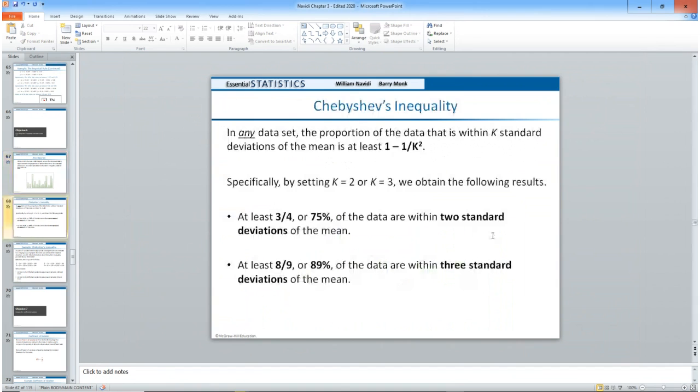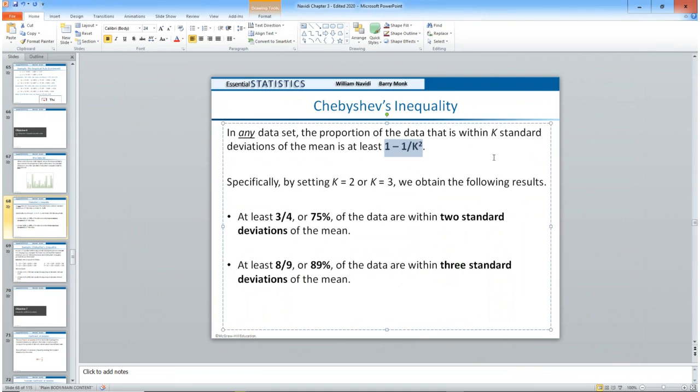Now, this is the formula you use for any number of standard deviations. K would be any number of standard deviations. If you were to use 1, it really doesn't make any sense, but it's not going to be 68%. It's going to be a lot lower.